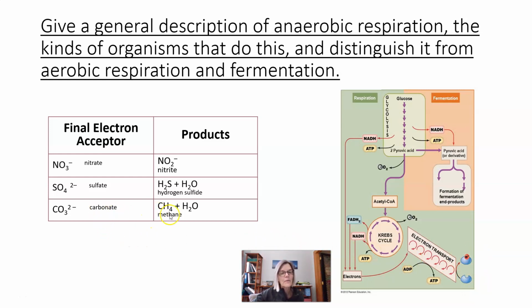This one you know about because we talk about methane. So as a final electron acceptor, carbonate, different carbon compounds can be used to generate methane. And methane is a flammable gas, and it actually is a greenhouse gas. And we're worried about this with climate change. Carbon dioxide is a greenhouse gas, but methane is 10 times more potent.